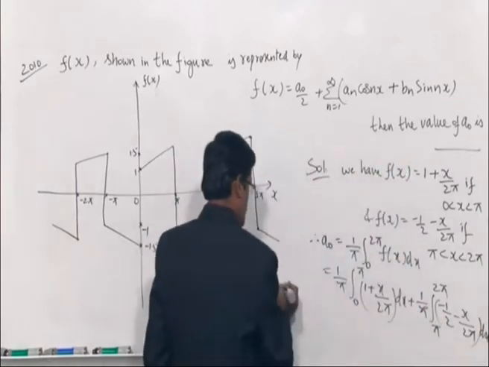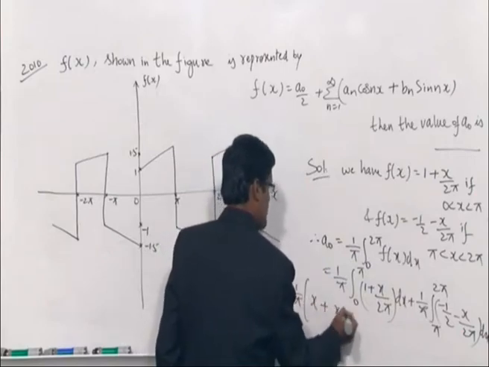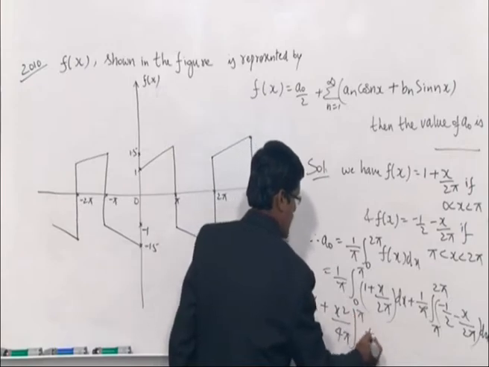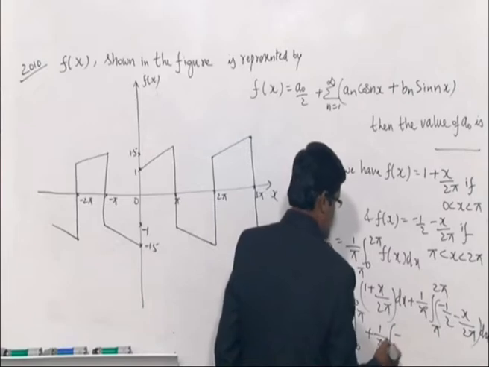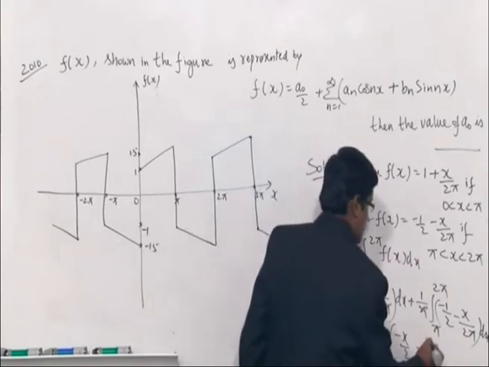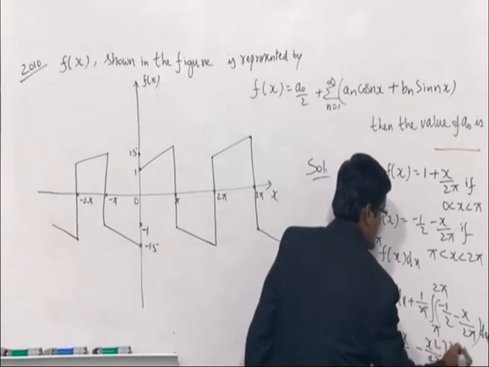Okay, so 1 over pi, integration of 1 is x, integration of x is x square by 2, this simplifies to x square by 4 pi, limits 0 to pi, plus 1 over pi times minus constant, that is constant integration, constant into variable, minus x by 2, integration of x is x square by 2, simplifies to x square by 4 pi, limits pi to 2 pi.